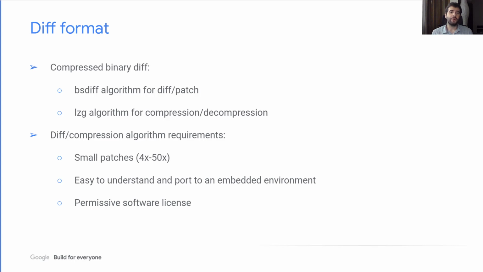We searched for algorithms that generate significantly small patches. We are able to generate patches that are between 4 and 50 times smaller than the target bundles. We were also looking for algorithms that were easy to understand and port to an embedded environment. And we were looking for projects with a permissive software license.